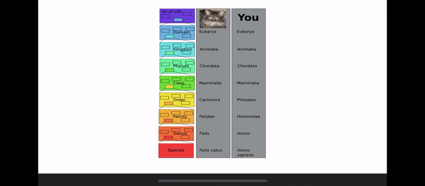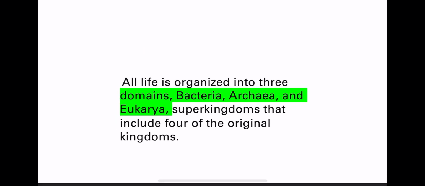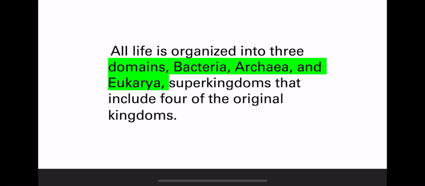I told you about domains. Let's see what the three domains of life are. They classified all organisms into domains. What are the three domains? Bacteria, archaea, and eukarya. They are super kingdoms that include the original kingdoms.